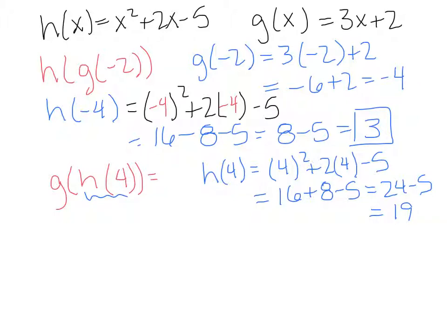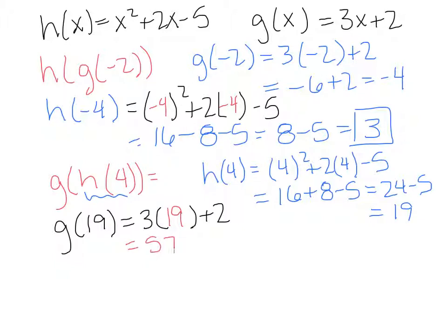We have to actually go and find the outside too. G of 19. Again, you're just going to replace all the x's with the 19. In this case, there's only one x to replace. So we're going to start out by doing 3 times 19. So that's going to get us 57 plus 2, and that's 59.